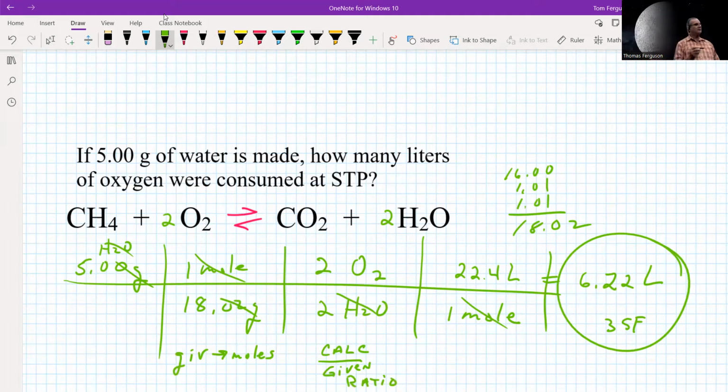The middle step is taking the calculated coefficient over the given coefficient from the balanced equation. The last step is taking the moles of what you're calculating to whatever you're asked to calculate. Always the three steps. I want to keep emphasizing this. Same three steps. So I'm giving you all these examples, they're all the same thing. Again, it's crucial you understand this process.